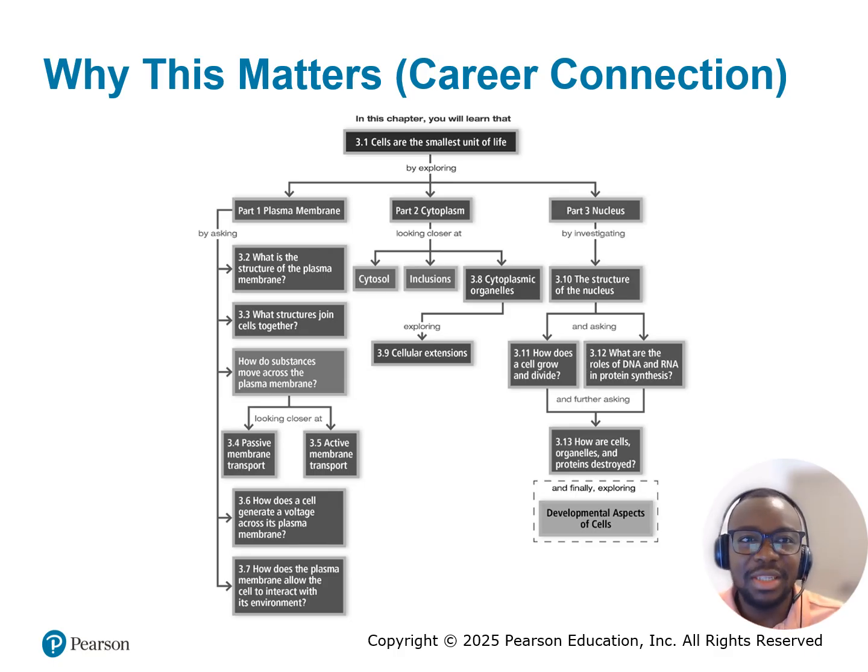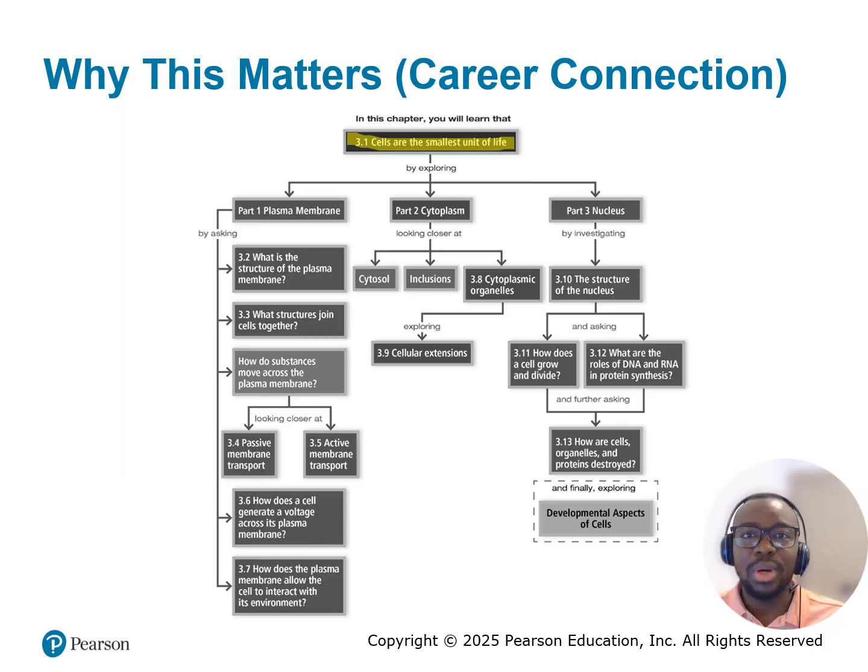Before we get into the details of membranes, organelles, and cell transport, let's talk about why studying cells is so important. Every living thing, from the simplest bacterium to the most complex human, is made up of cells. Cells are the basic structural and functional units of life. That means everything your body does, from contracting a muscle to thinking a thought, starts at a cellular level.